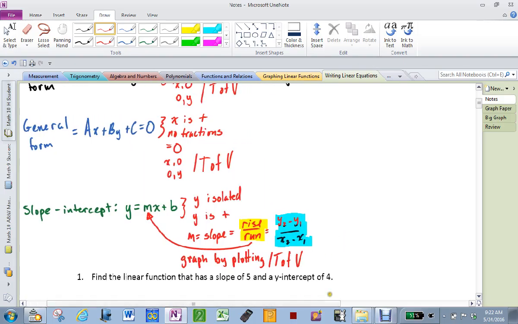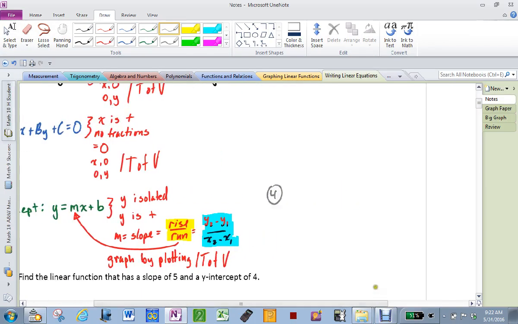And finally, what's our fourth? Point slope? Which is y minus y1 equals m times x minus x1.